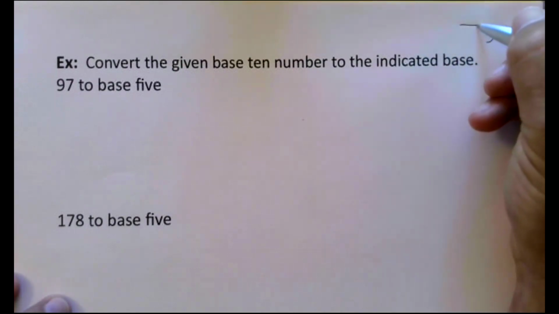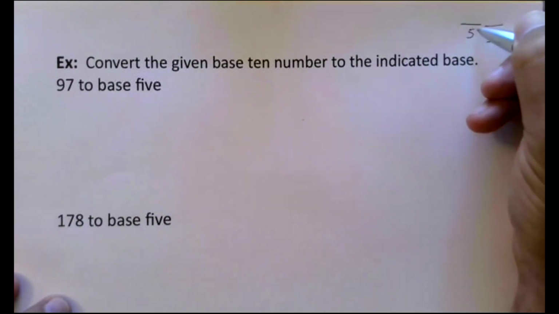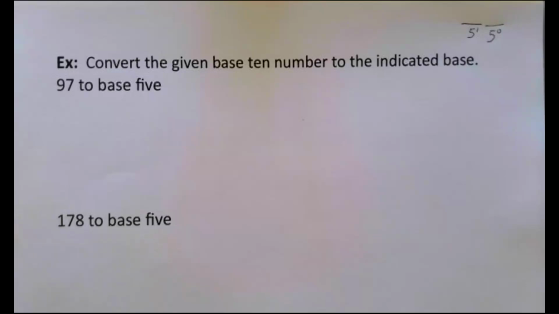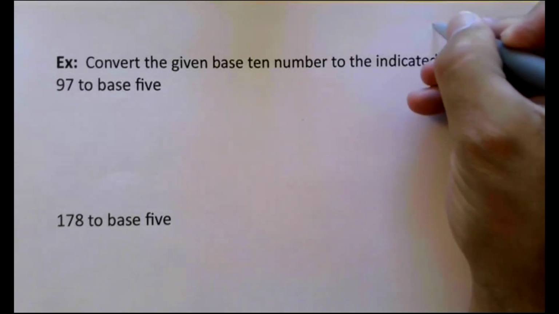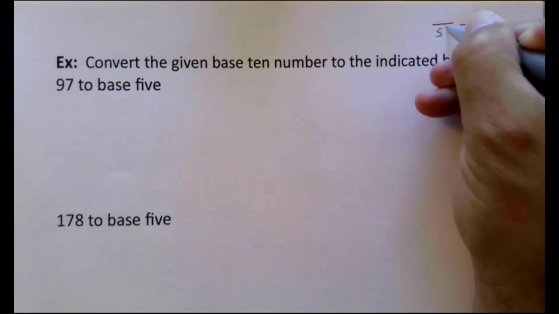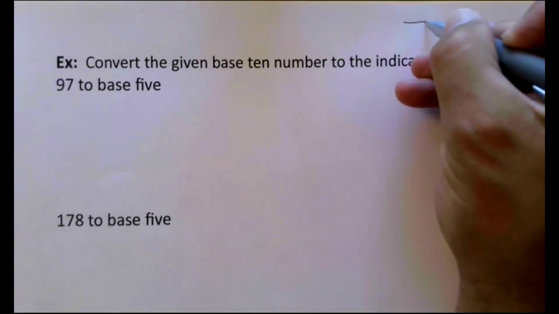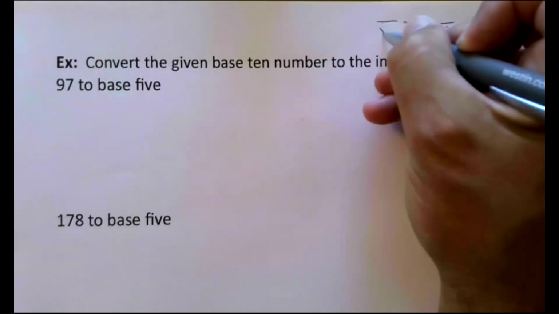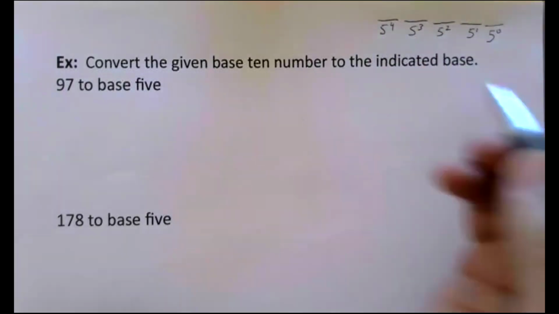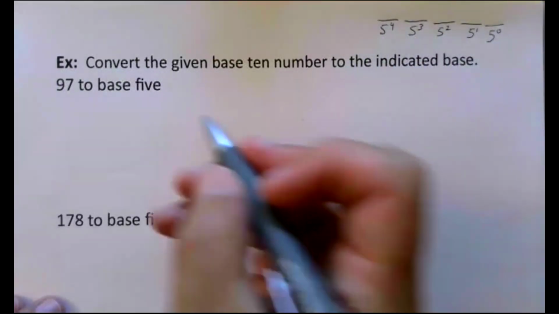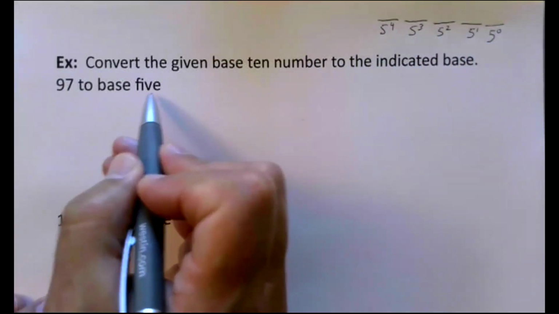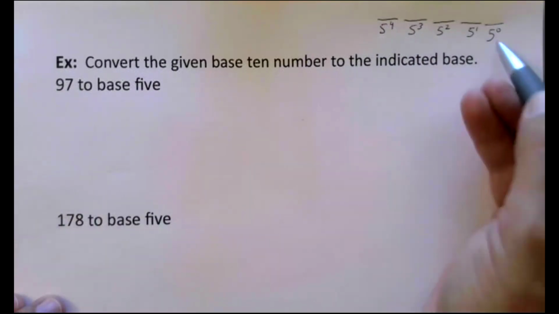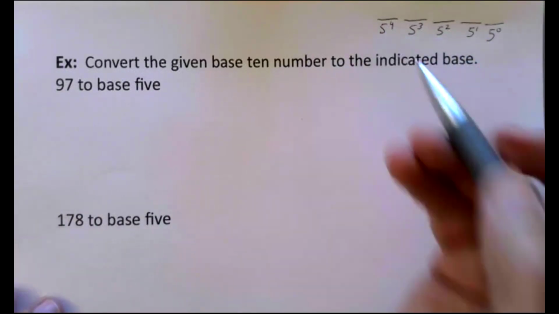The one right next to that represents the 5 to the first power position, and so on. Right next to that is the 5 to the second power position, 5 to the third power, 5 to the fourth power, and of course that keeps going. I'm doing fives because we're converting into base 5. That's why I'm looking at powers of 5 up here.